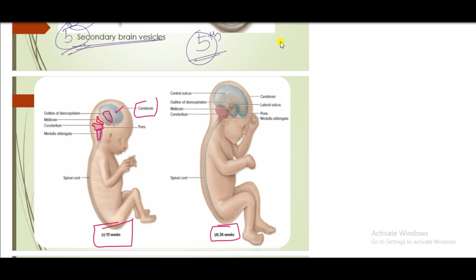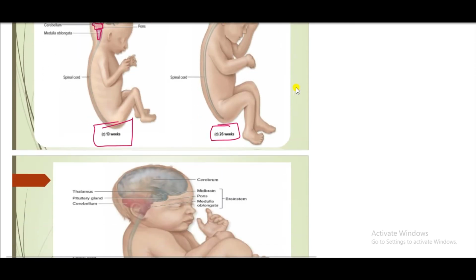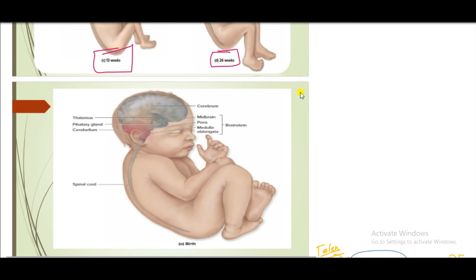In the 26th week you can see the comparison between 13 weeks and 26 weeks of cerebrum, and also the cerebrum at the time of birth is large, and you can see gyrus and sulcus in the cerebrum, and the diencephalon here.